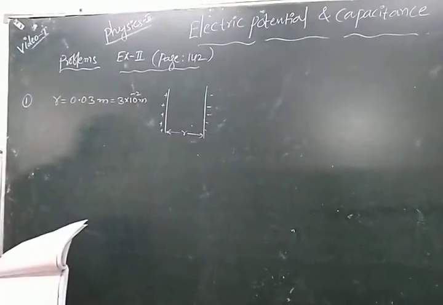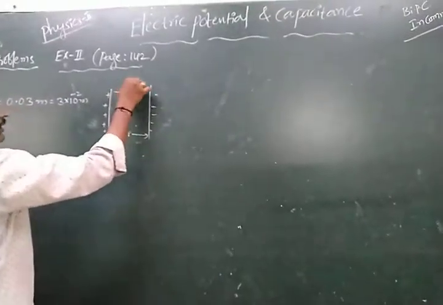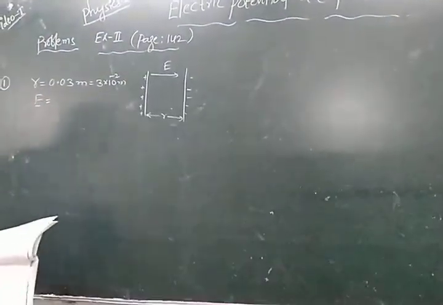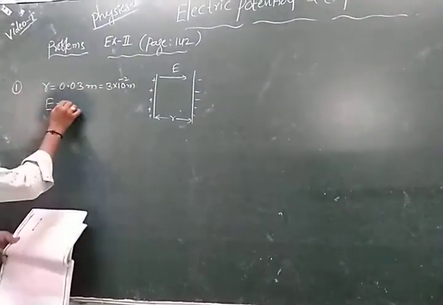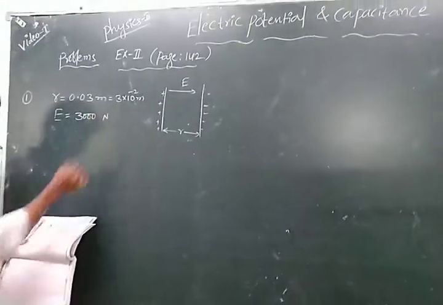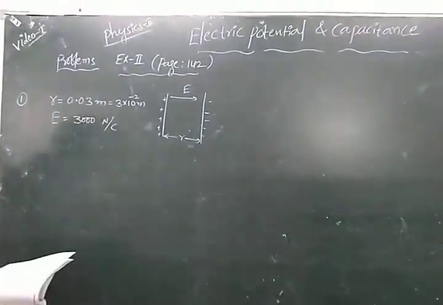Next, the electric field intensity between the plates is also given. E is equal to 3000 newtons per coulomb.